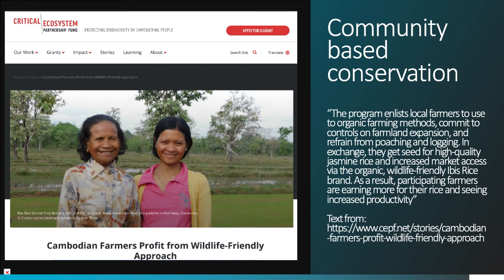In this case, to practice organic farming in exchange for help protecting and preserving important biodiversity assets in the region. One of the great outcomes of this effort was increased income for these farmers, which then makes it more likely that these conservation efforts will be maintained in the future. This website has more examples similar to this one if you want to learn more about the different approaches that are used around the world to engage communities in conservation activities.